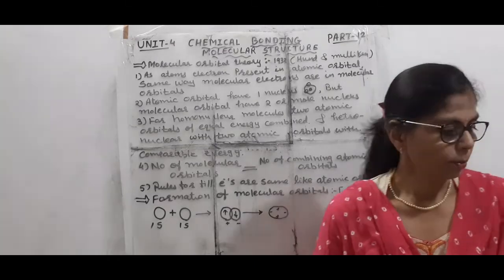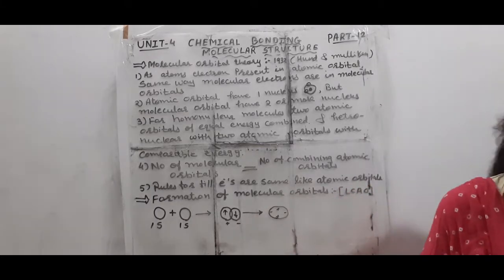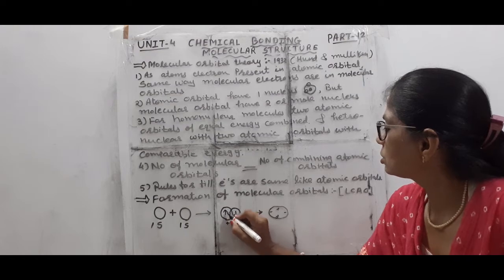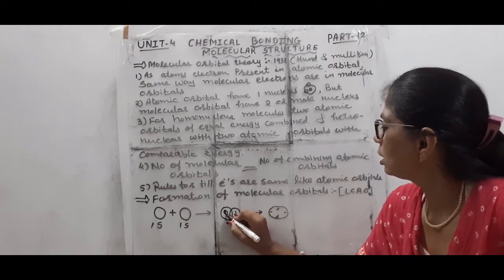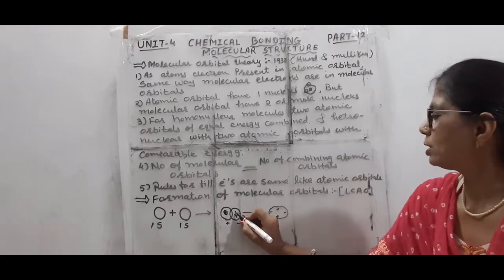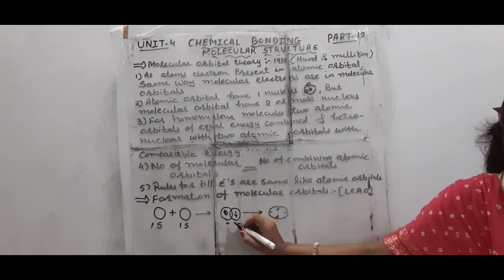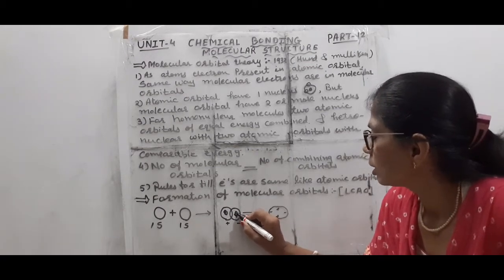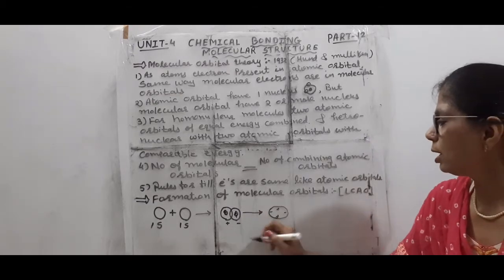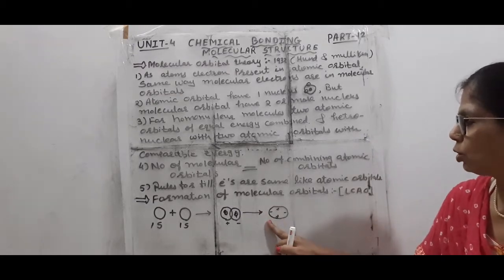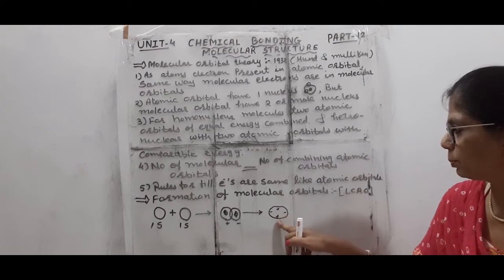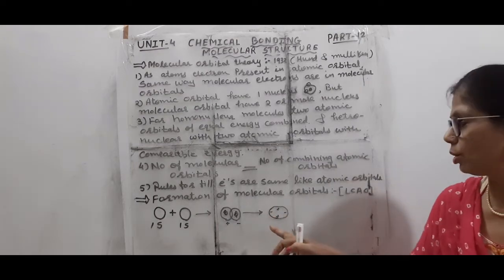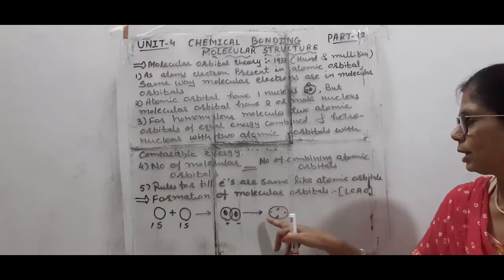This is the molecular orbital overlapping, and here we can say that this is the nucleus. This nucleus carries a plus charge, and this nucleus also carries a plus charge. So when this atomic orbital overlapping bonding occurs, it shows the positive charge, and if we think about the electron, it shows the negative charge.